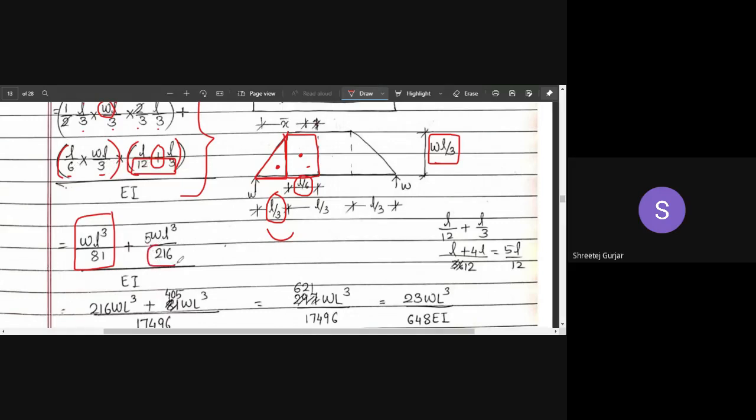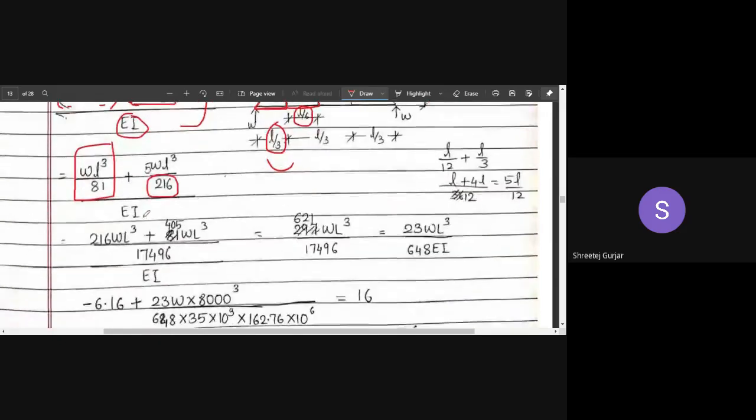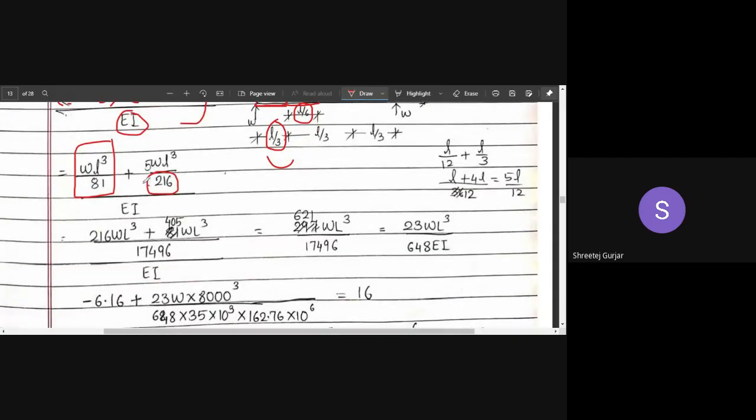It will be 216 divided by I. The next thing, you have to take the LCM like this. 81 into 5, 216 plus 216 WL cube.